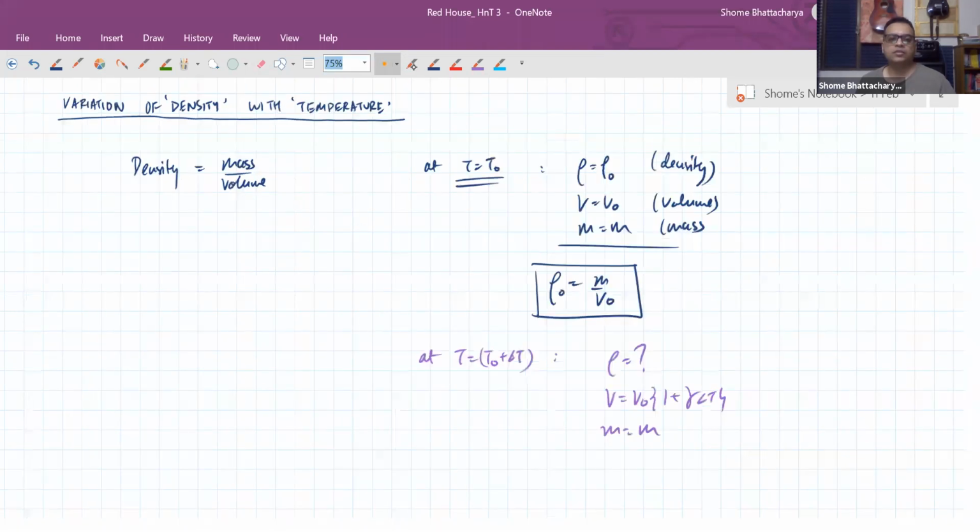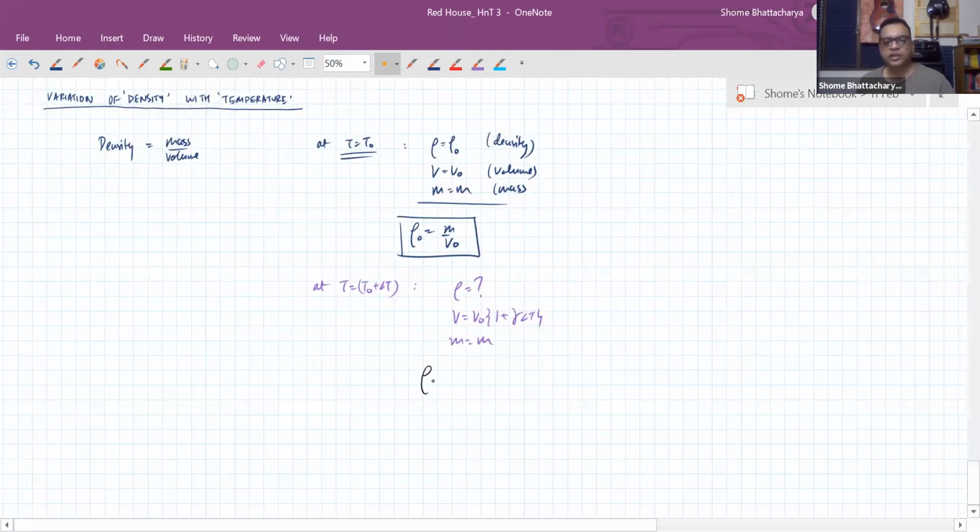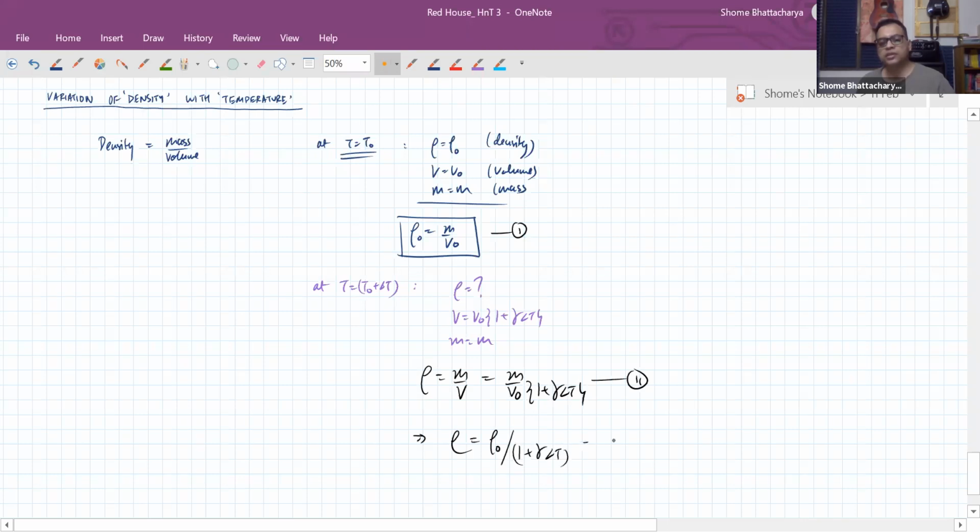So the new density is the same mass divided by the new volume, M divided by V naught times 1 plus gamma delta T. Now compare this equation with the first equation. So you will get rho is equal to rho naught upon 1 plus gamma delta T, which you can write as rho naught times 1 plus gamma delta T to the power minus 1.